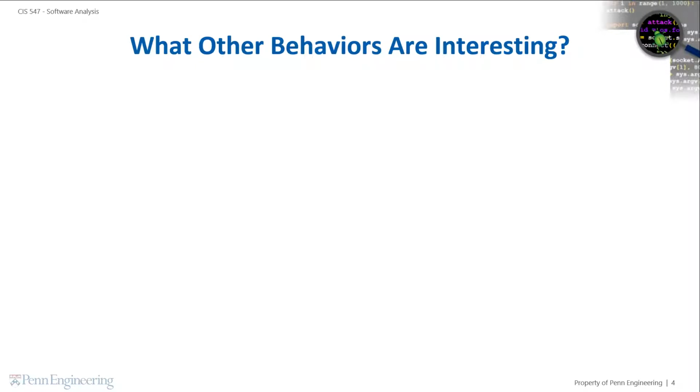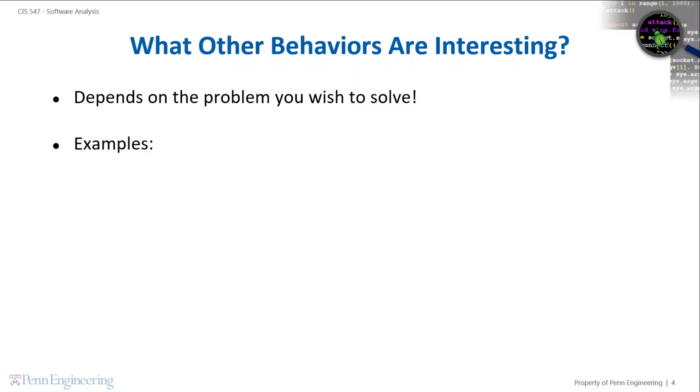What other behaviors might we want to keep track of? As you might have guessed, the answer to this question depends on the context of the problem you are solving. Other examples of behaviors we might wish to keep track of are the number of times each loop runs. This can help us with debugging performance issues, as programs spend most of their time in loops.